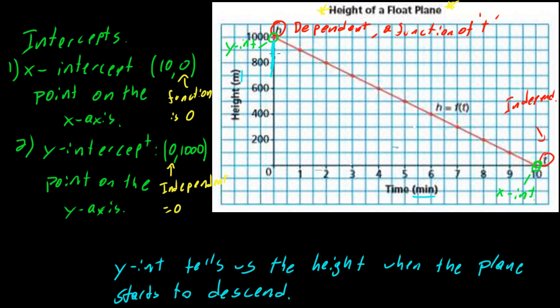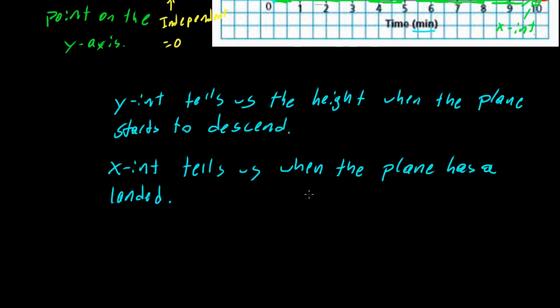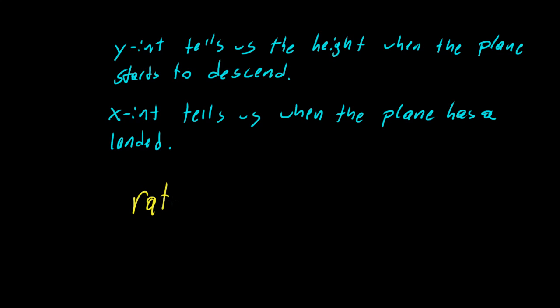To get from the y-intercept down to the x-intercept, we would have to travel negative 1,000 meters. And to get over to my other point, we would have to go across plus 10. So let's take this and say our rate of change.